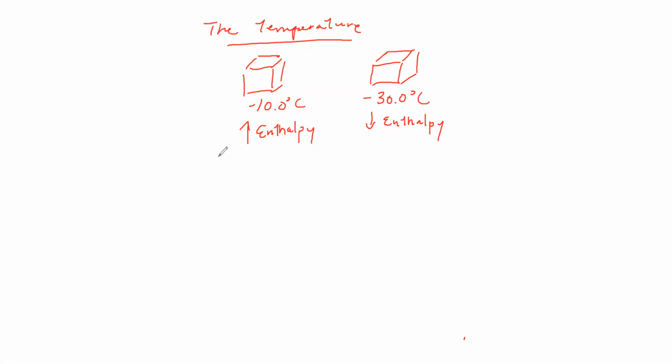And last but not least, we're going to look at the states of matter. When it comes to comparing solid, liquid, or gas, we have to remember that each one has a variety of movement, one more than another.